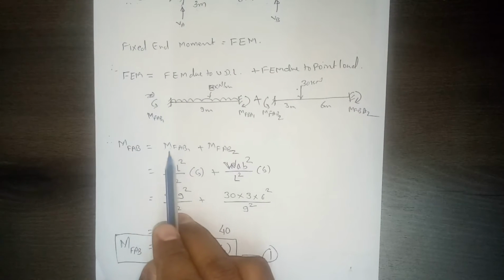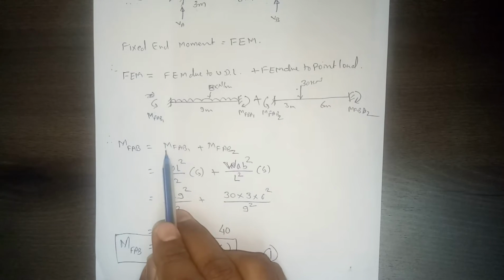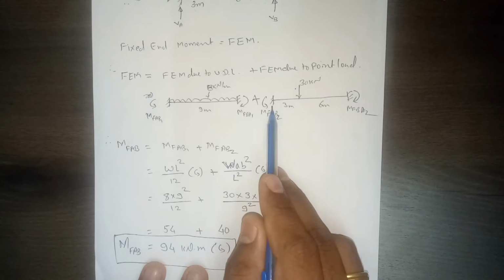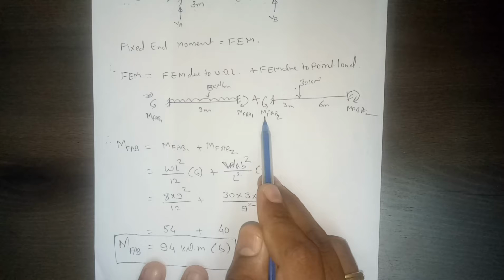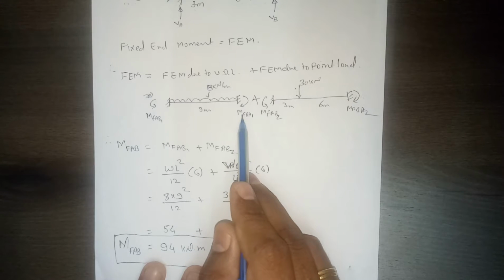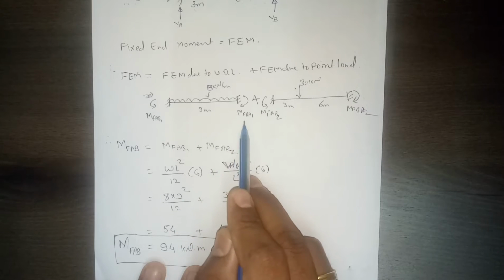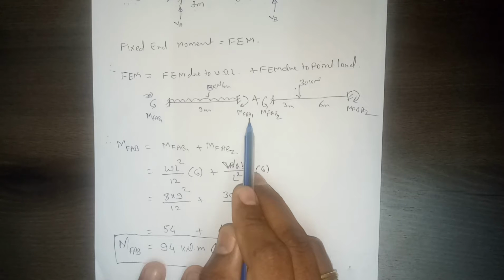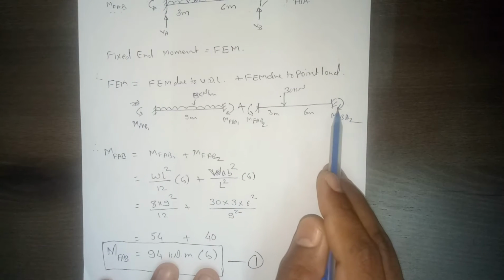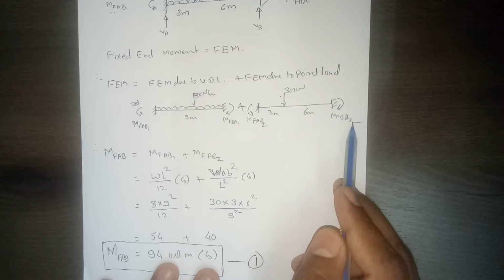The moment which will develop at support A due to UDL we are calling MFAB1, and the moment at support A due to the point load we are calling MFAB2. On the right hand side at support B, the fixed end moment due to UDL we are calling MFBA1, whereas in the second beam the fixed end moment developed at the other end we are calling MFBA2.